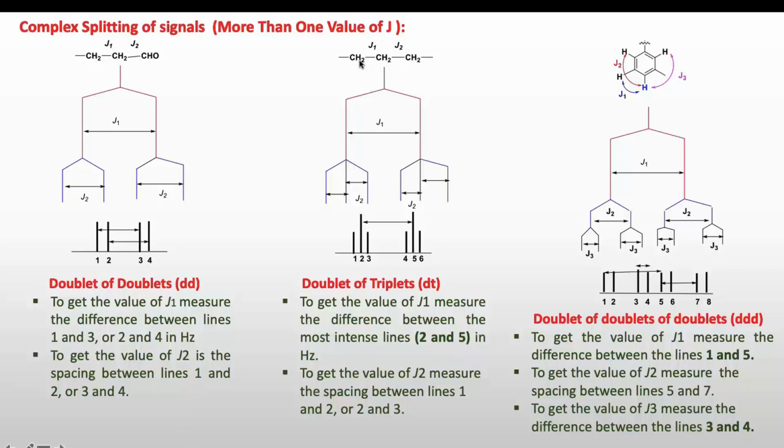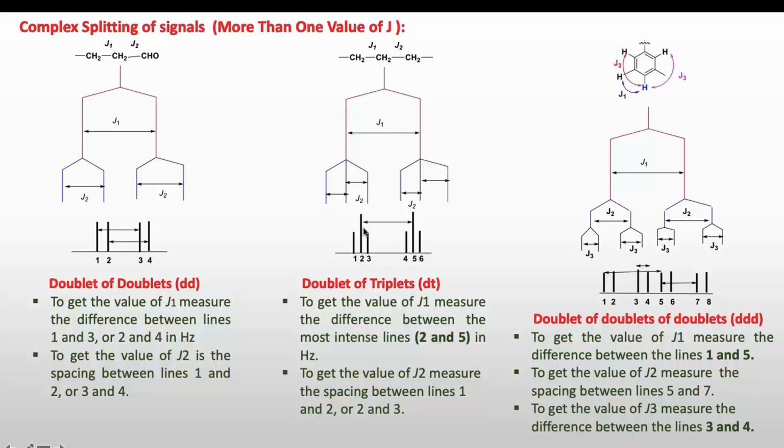Another example: we have a CH proton and a CH2 proton, the nearby protons of this CH2 group. So first the CH proton will couple this CH2 into a doublet, and the other CH2 group will split this doublet into two triplets. So finally we will get a doublet of triplets. Now how to calculate the J value?